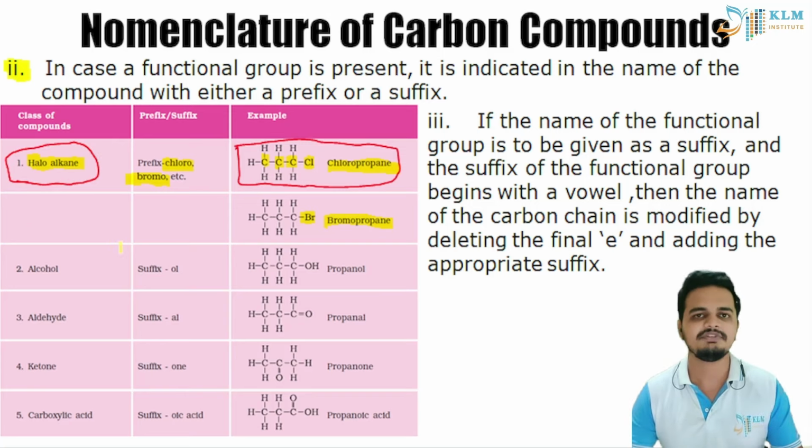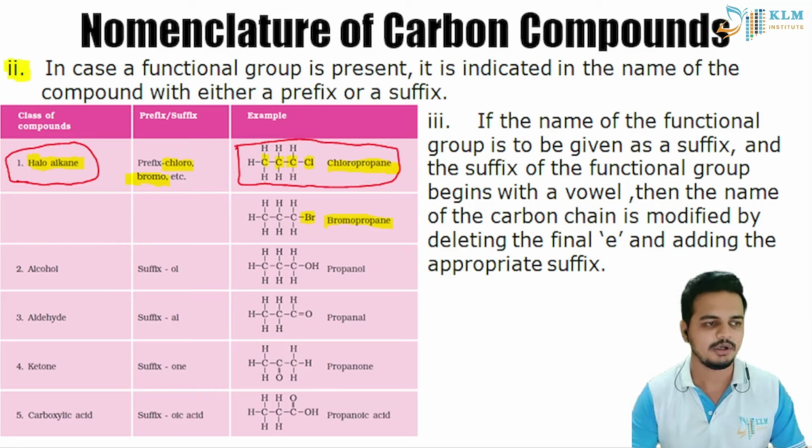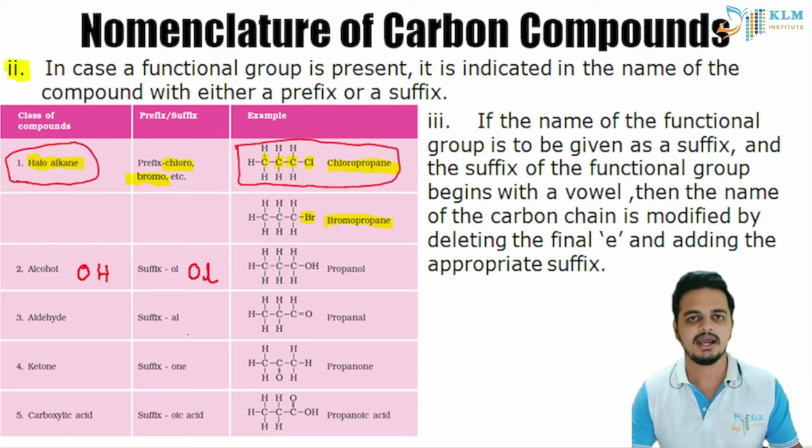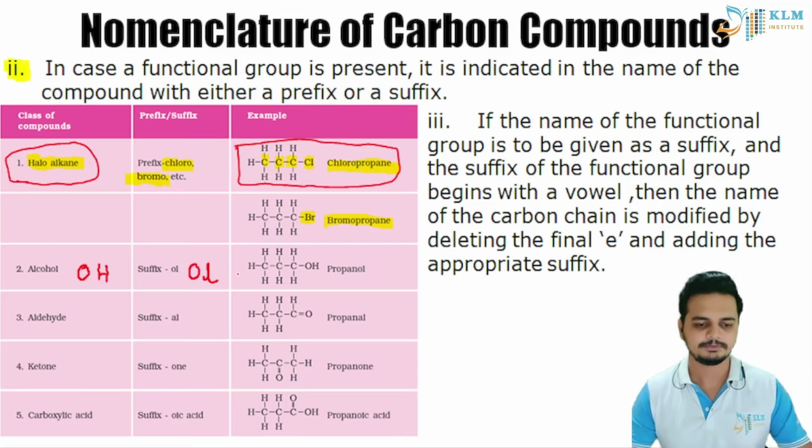So what suffix do you add? If alcohol is present, what is alcohol, students? Alcohol is OH. If the OH group is present, we remove the A and add OL.